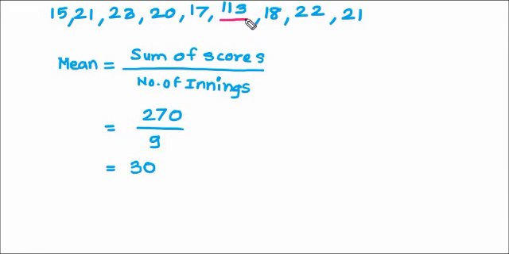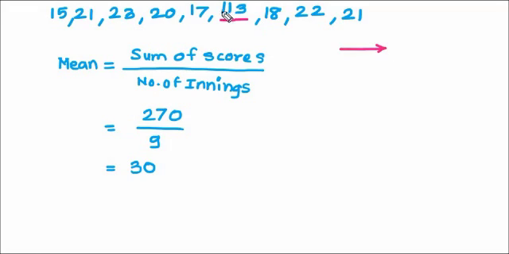If you observe carefully, there is only one score which is 113 that is greater than the mean. Rest all the scores are smaller than the mean. So then how is mean a representative value of this data set? It is not. What has happened is 113, which is far away than all the other scores, has ensured that the mean has shifted to right.